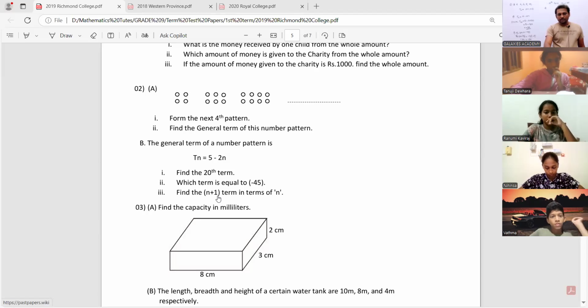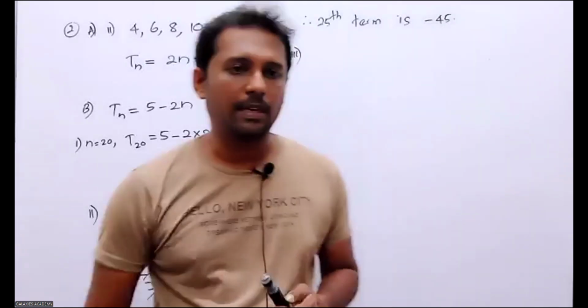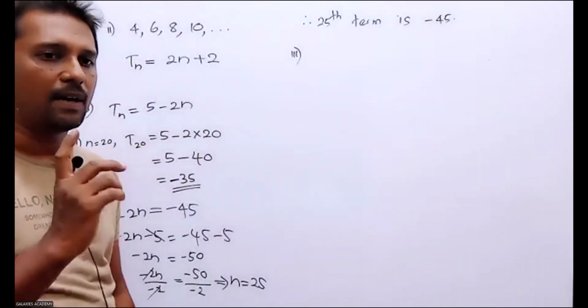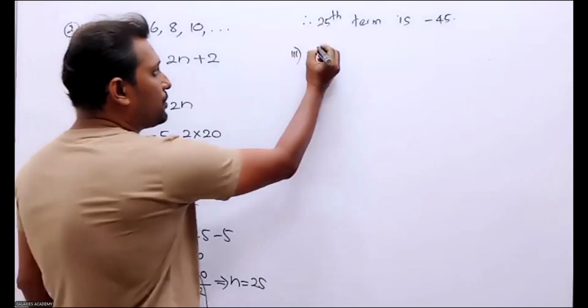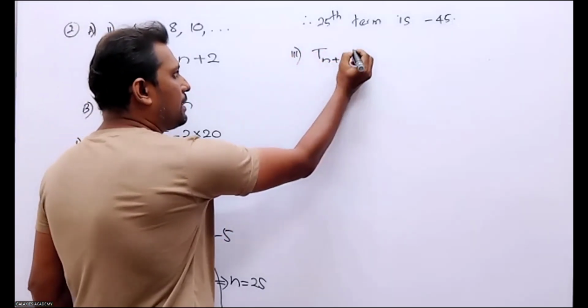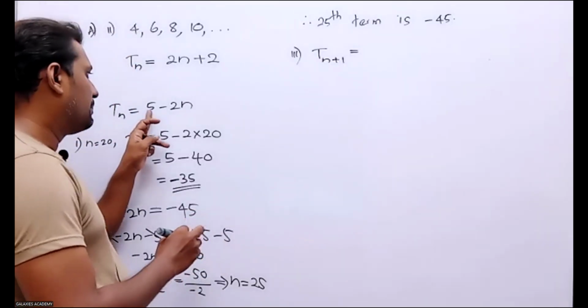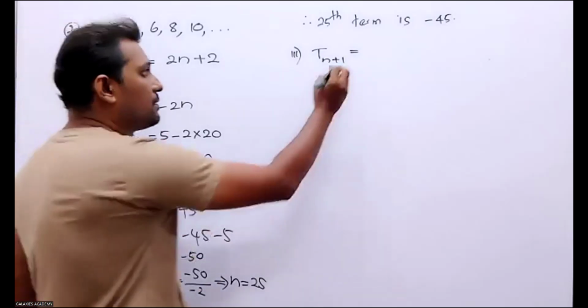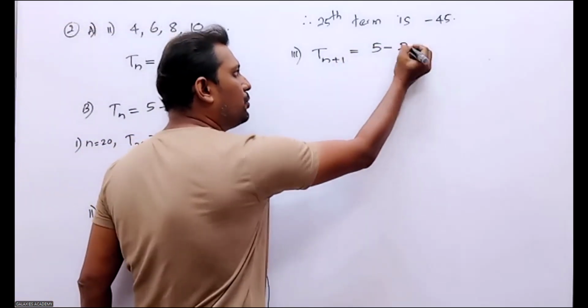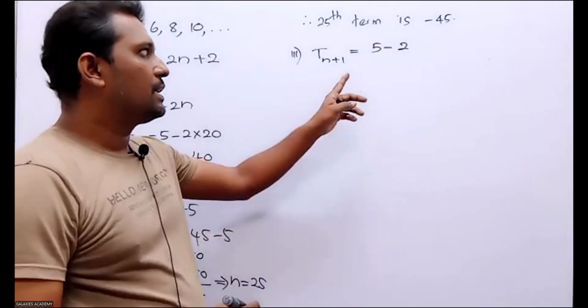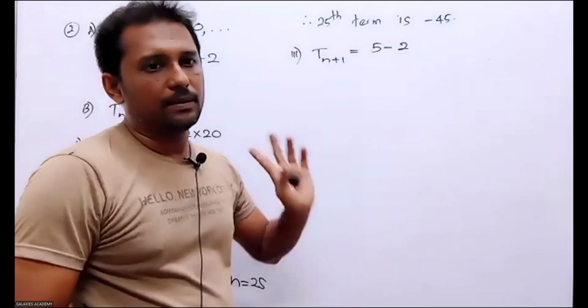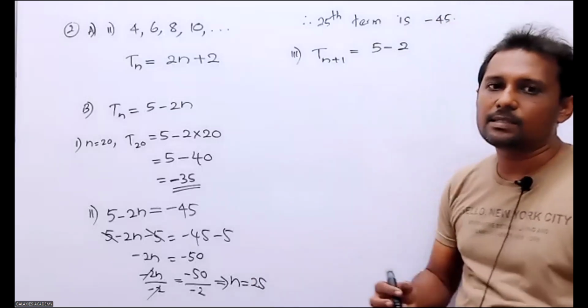The next part says, find the n plus 1 term in terms of n, right? That means you have to find T n plus 1. You have to substitute n plus 1, right? So what do you have to do? The general term is 5 minus 2n, no? 5 minus 2n. I will substitute n equal n plus 1. Substitute n plus 1 wherever there is n.